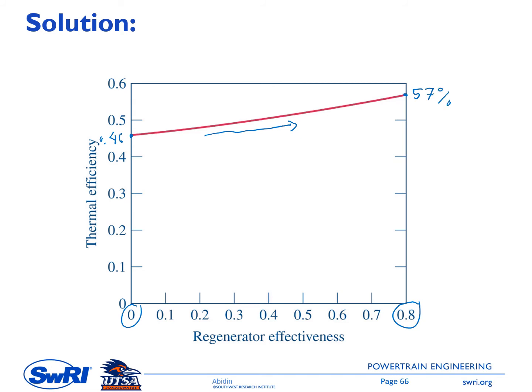So increasing the regenerator effectiveness increases the thermal efficiency, but as I mentioned to you, it will require a larger surface area, which also means a higher pressure drop, and this also means an increase of the capital cost. At some point it might not be economic to have this regenerator, because the thermal efficiency improvement is smaller than the increase of the capital cost.